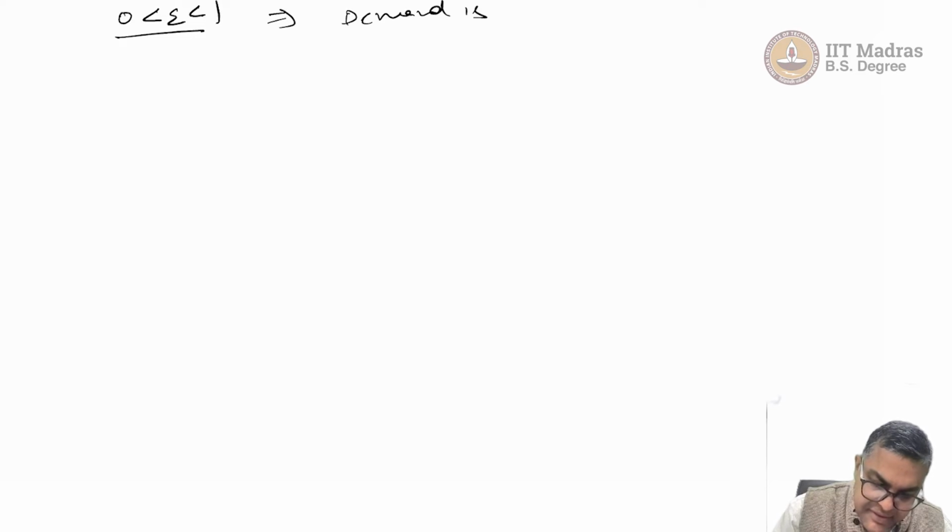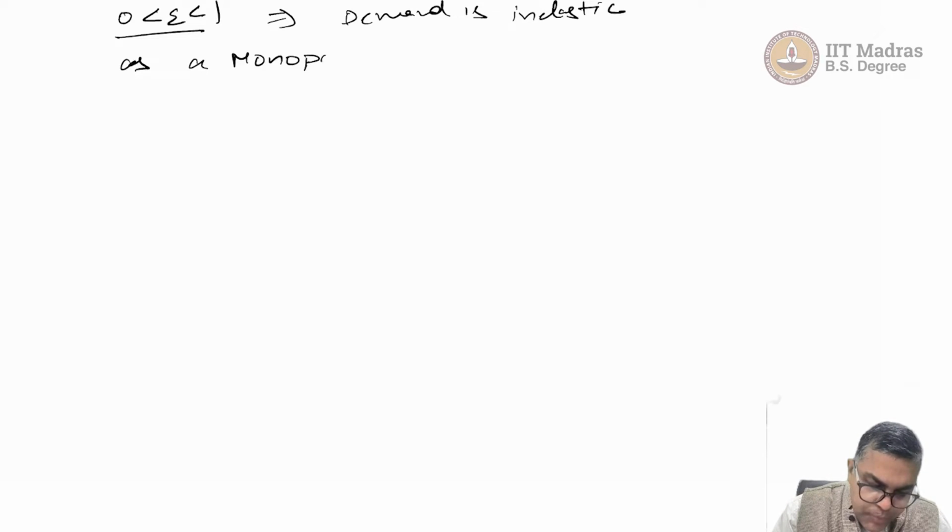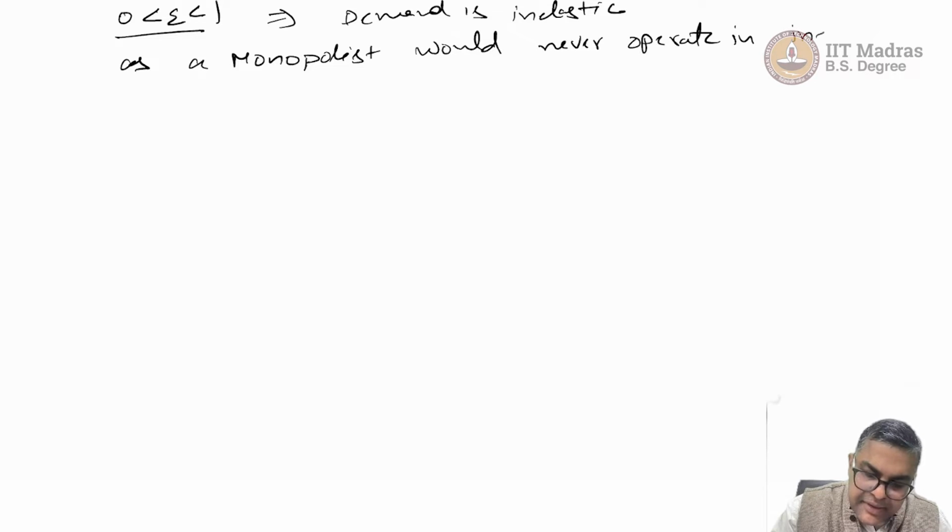Now let us see, what if epsilon is between 0 and 1? It means demand is inelastic. We don't need to worry about it, as a monopolist would never operate in the inelastic zone.